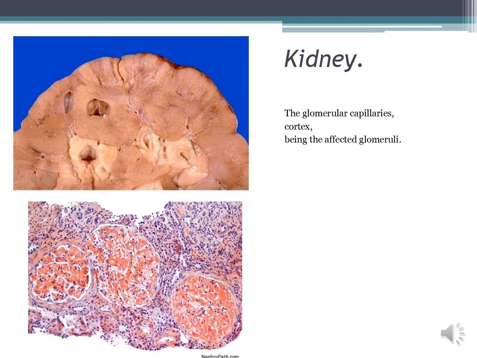Here we see the kidney. On the top left, the picture shows part of the kidney. The kidney is grossly pale, enlarged, and also with a waxy appearance of the cut surface.